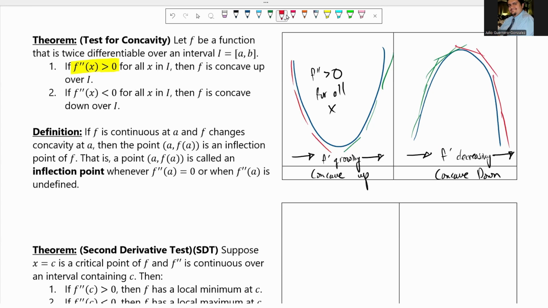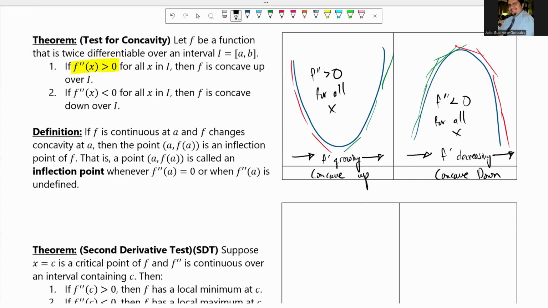So my f primes are decreasing. Whenever that happens, my f double prime over any one of these points is less than 0 for all x values here. If that happens, we have concave down. We have something bowl down.